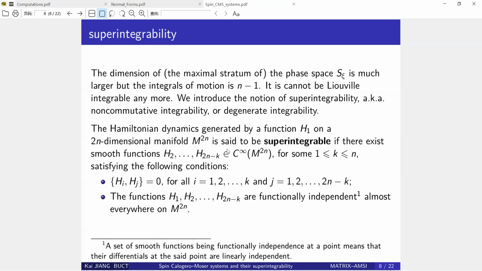The first one is the classical one. The classical one is just like the Liouville integrability. We have, for example, a 2n-dimensional symplectic manifold M^2n, and an integer k, where k is smaller than or equal to n, and functions H_1 till H_{2n-k}.